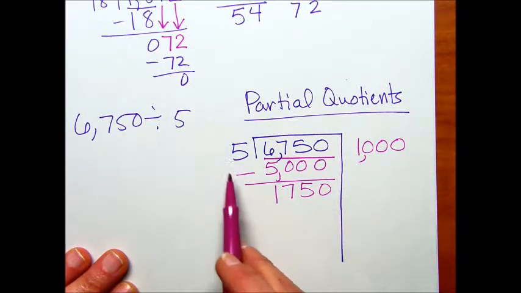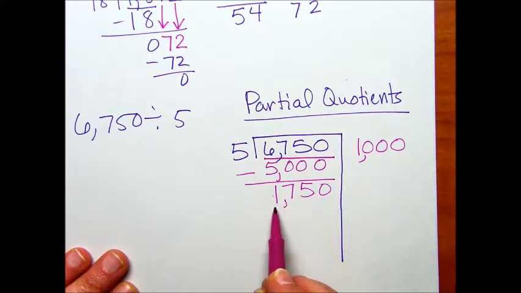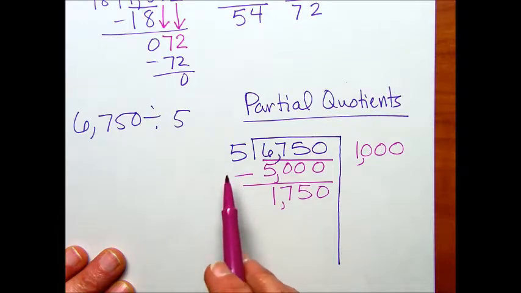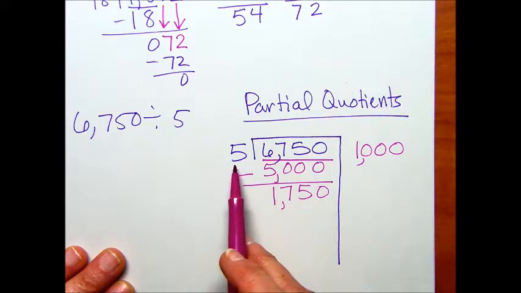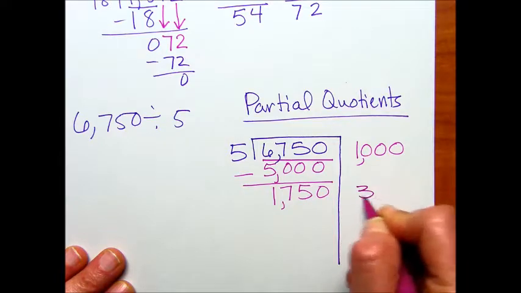You know, I know 1,500, if I multiply that by, let's see, 300 would be 1,500, so 300.